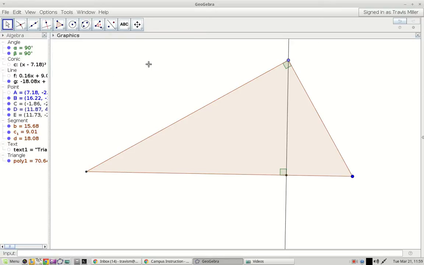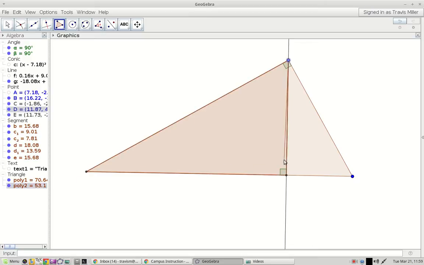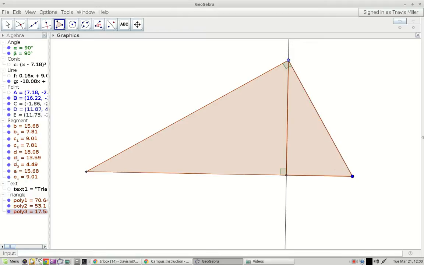Alright, so what I want you to do is look at the relationships of these 3 polygons, these 3 triangles. We've got the small interior triangle, which I'm going to make purple.